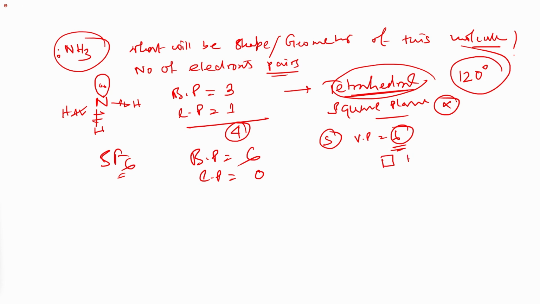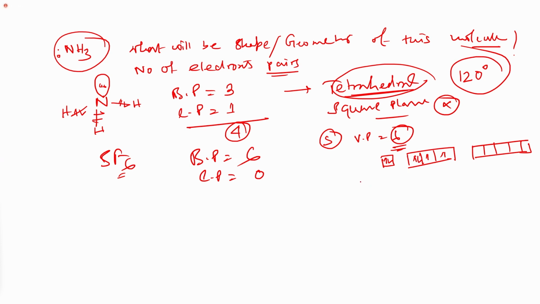Again, I am just drawing the valence shell. So this is the 3s, this is the 3p, and this is the 3d. When it is sulfur, the oxygen series is there, so valence electrons equal to 6: 1, 2, 3, 4, 5, and 6.